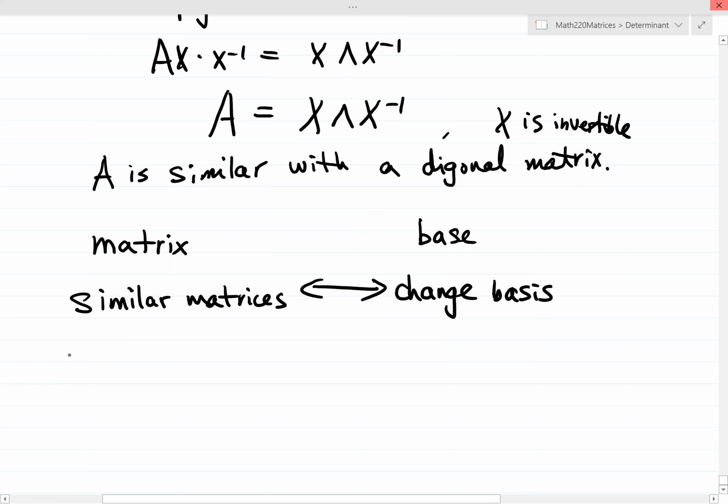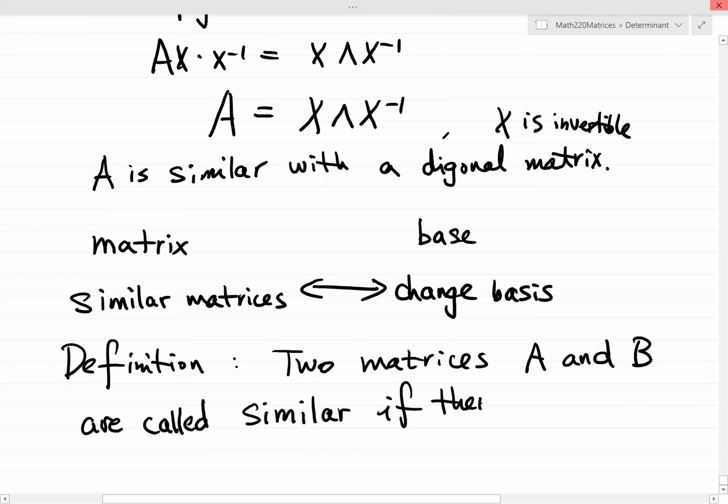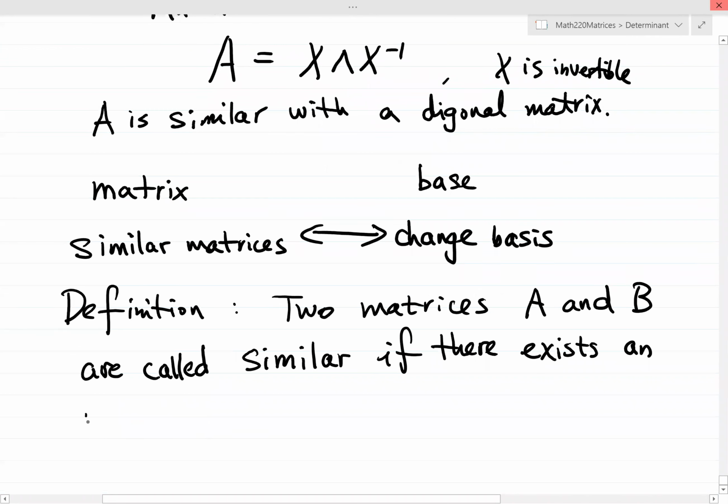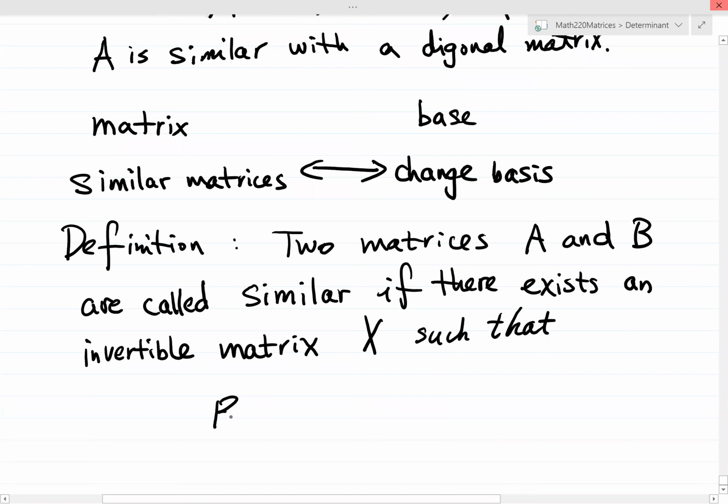Remember the definition: two matrices A and B are called similar if there exists an invertible matrix X such that B is X inverse A X.